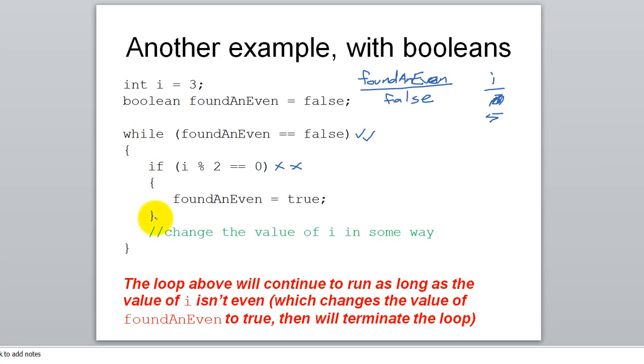So we skip that part, go down here, we change the value of i again. Let's say this time it is 18. Go back up, foundEven is false, yes. So we go inside, if i mod 2 is 0. Well, i is 18, 18 mod 2 is 0, so finally this is true. foundEven becomes true now.